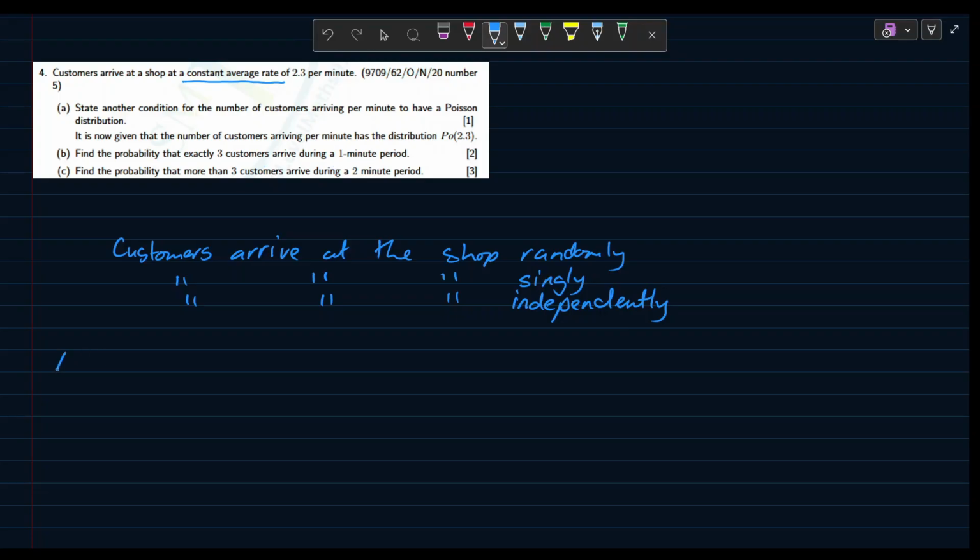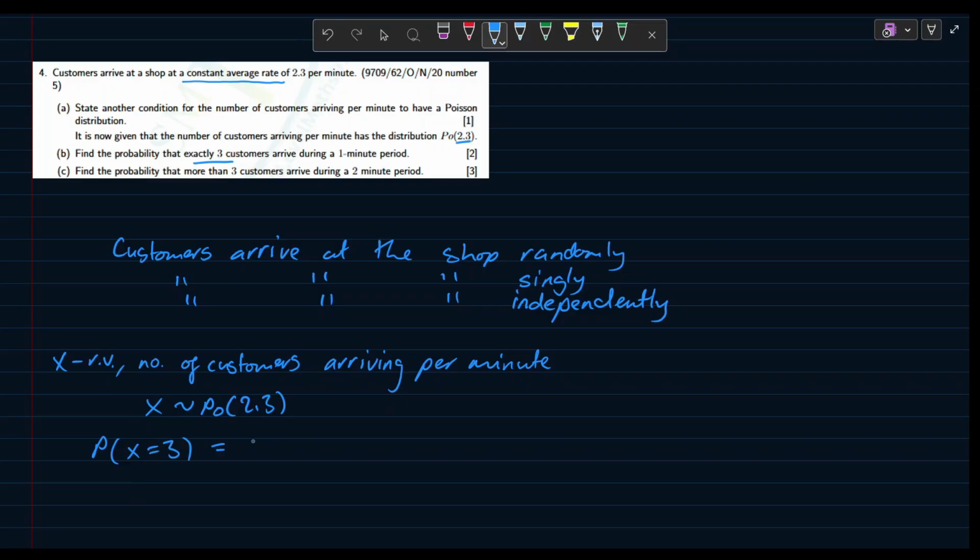So let's say x is the random variable, number of customers arriving per minute. So x follows a Poisson distribution with lambda 2.3. And we're required to find the probability that 3 customers arrive, so x equals 3.